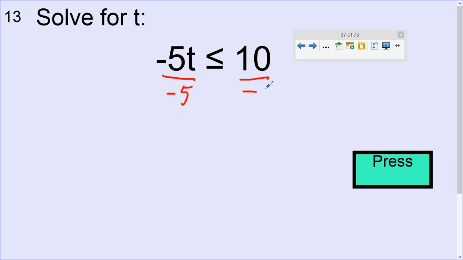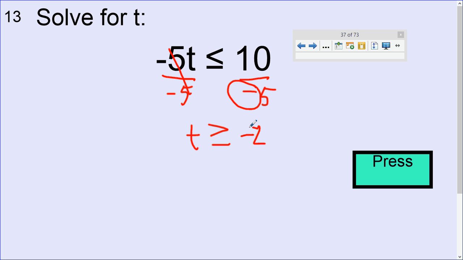And we're treating it just like we would treat a regular equation. But remember one thing. We now have this symbol here that we have to reverse because we divided by this negative. So when you divide by a negative, you have to reverse the symbol. Why is that?